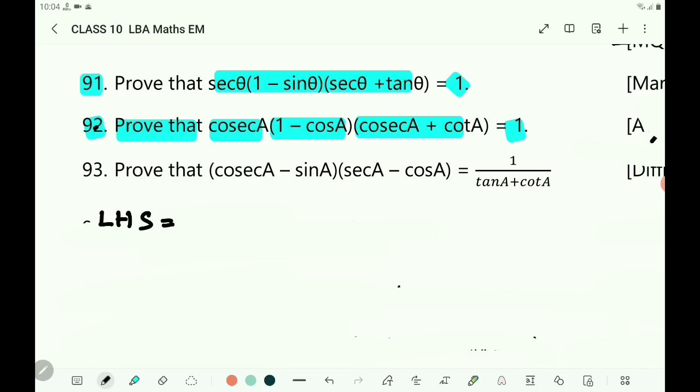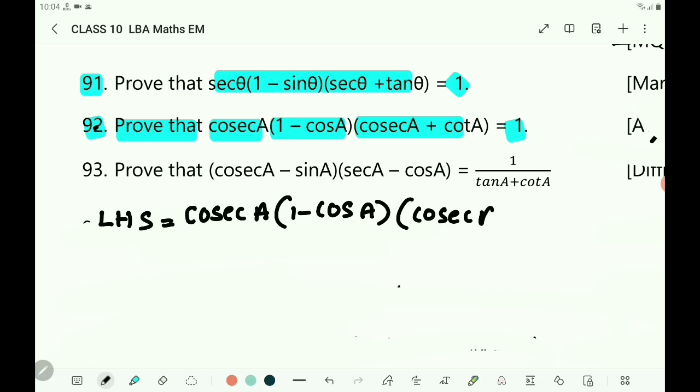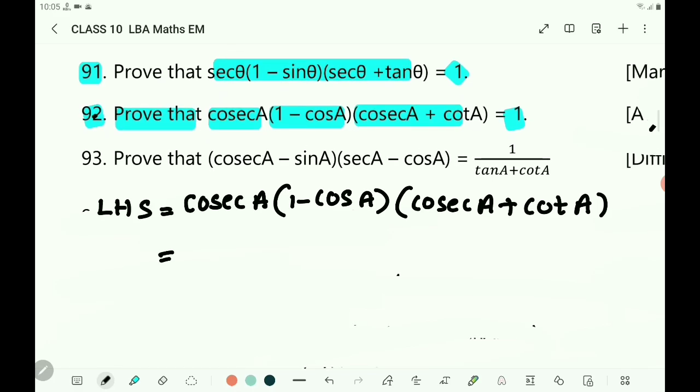LHS equals cosec A into 1 minus cos A into cosec A plus cot A. Again you multiply cosec A by 1 minus cos A. Find the product of these two.